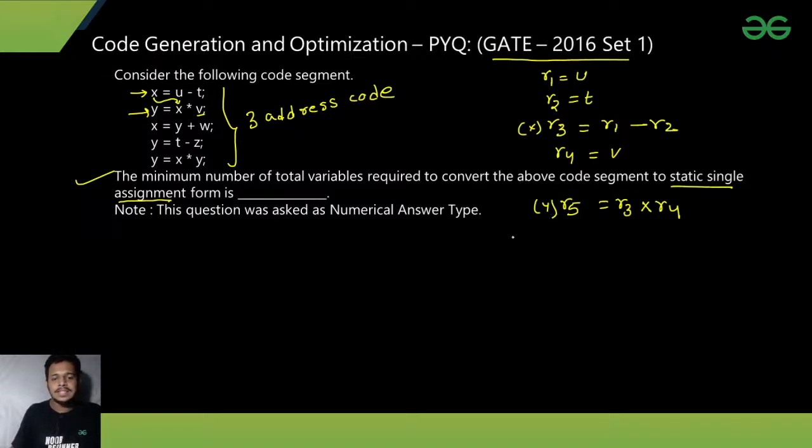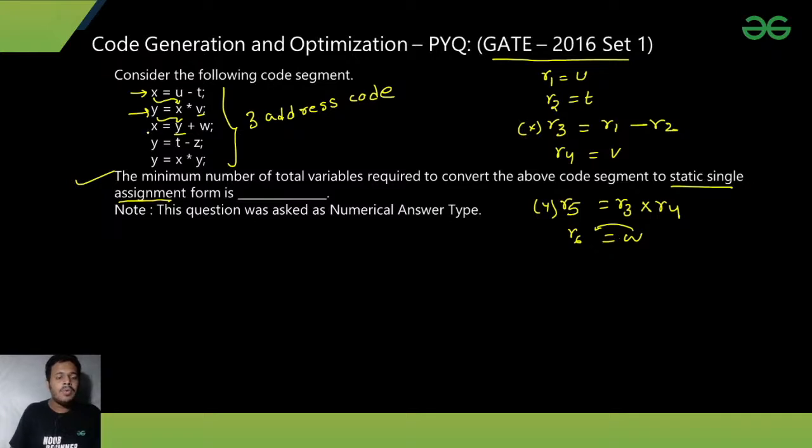Now the variable X is taking Y from here, and W we have not initialized. So first we should initialize W by placing its value in a temporary variable R6.